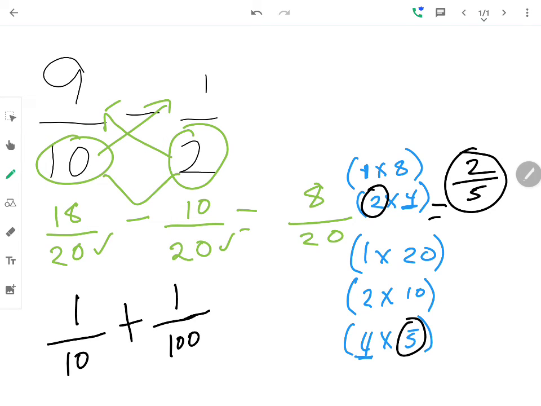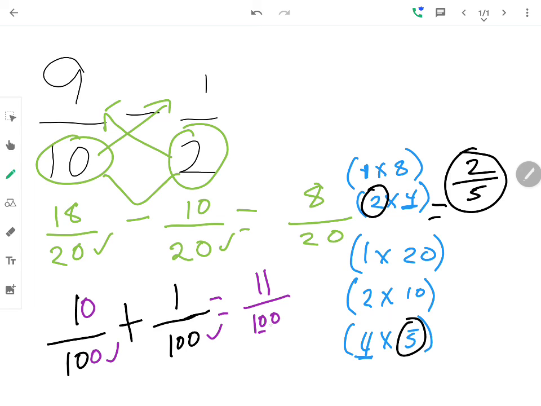This only works when there's tens and hundreds. To make one denominator the same as the other one, I just add a 0. Since I add a 0 at the bottom, I add a 0 on the top. Now they're the same. I add. The answer is 11 hundredths.